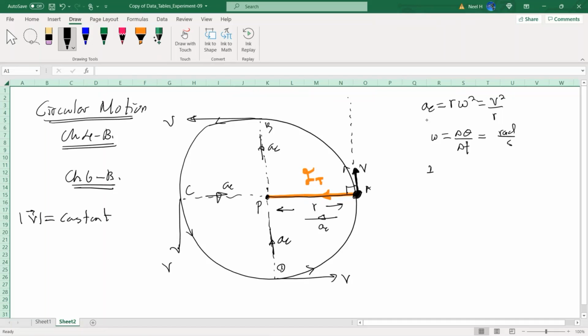If I consider one complete rotation, then delta theta goes to 2 pi, and delta t we generally call the period of oscillation.